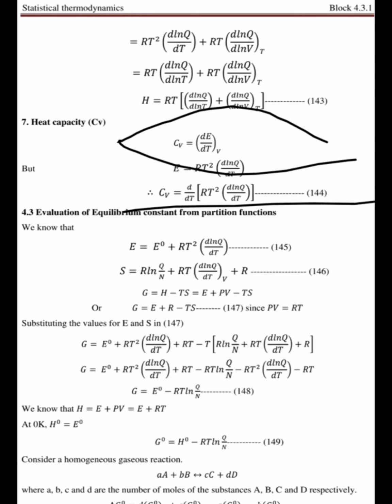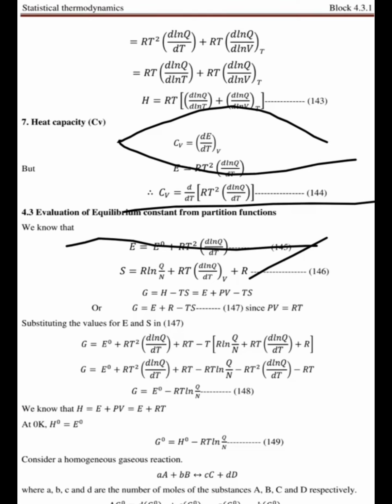And further, substituting the value of E naught, and also we know the value of R, consolidating energy and entropy with Helmholtz free energy A, pressure P, Gibbs free energy G, and enthalpy H from the previous. So here we are evaluating the equilibrium constant from the partition function. We know that E is equal to E naught plus RT square into d ln of Q divided by dT. That is equation 145.